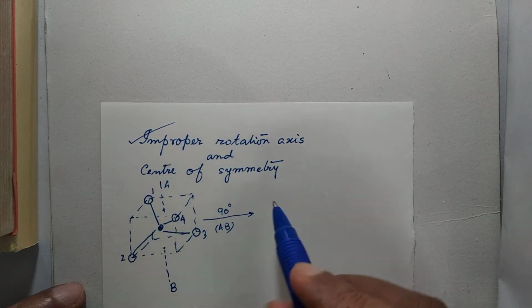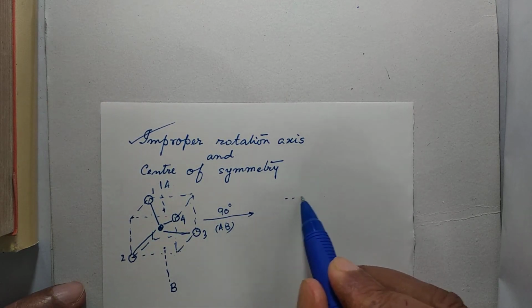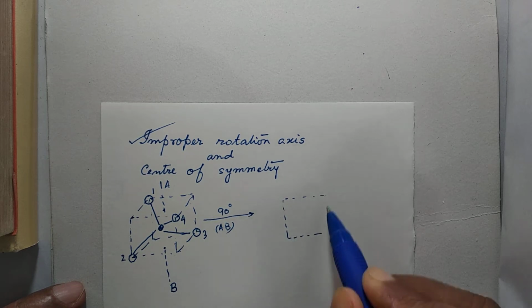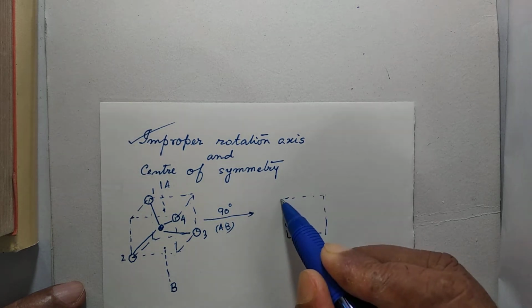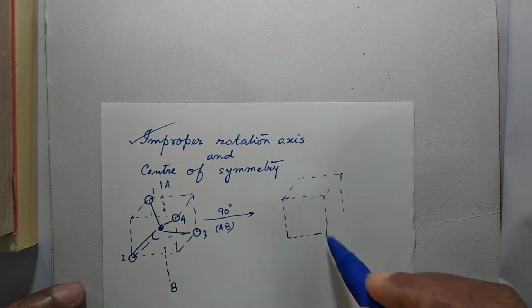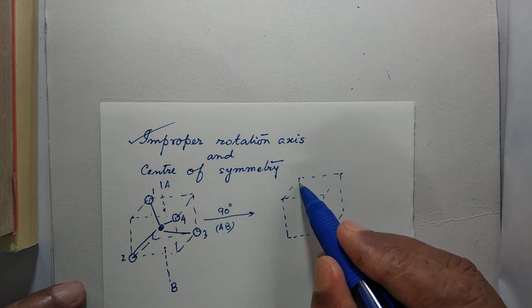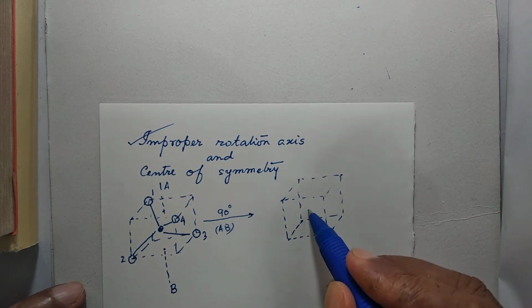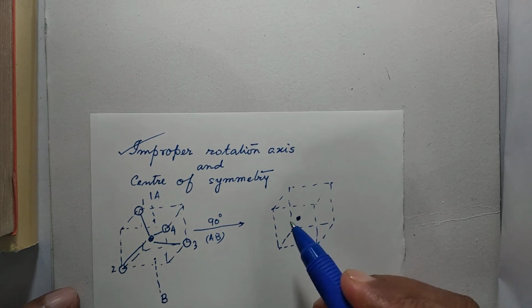what will happen? The overall shape of the cube does not change. The cube retains its shape, but the position of the hydrogen atoms will change. Carbon atom remains here.